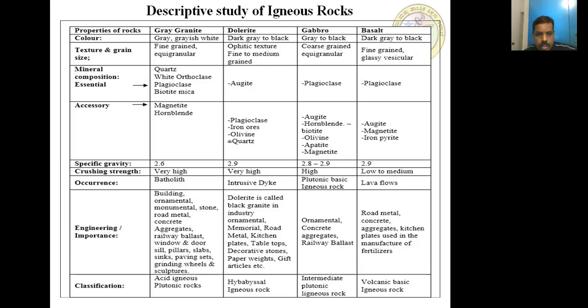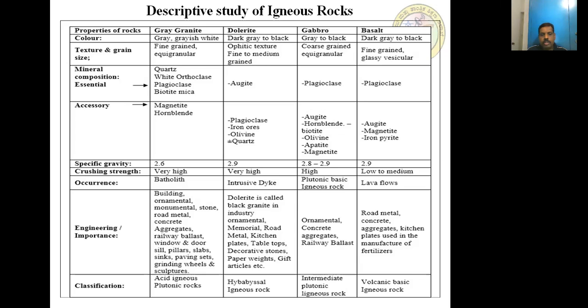Normally we use granite in the construction field as building stones, ornamental stones, monumental stones, and also as road metals, concrete aggregates, railway ballasts, etc.